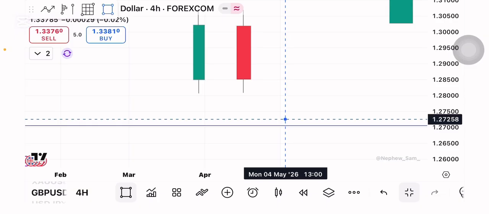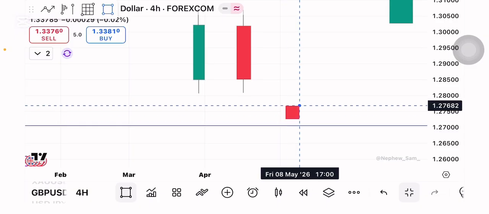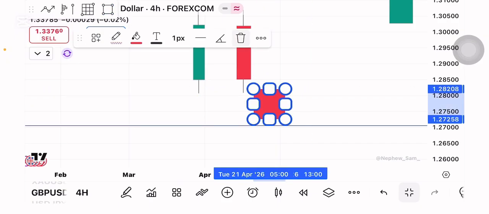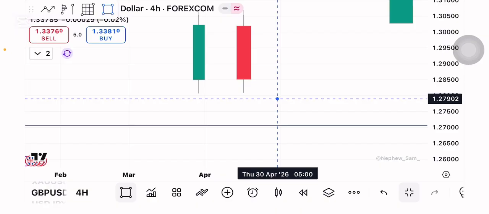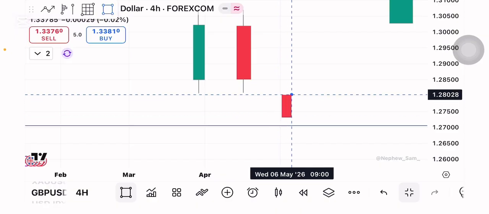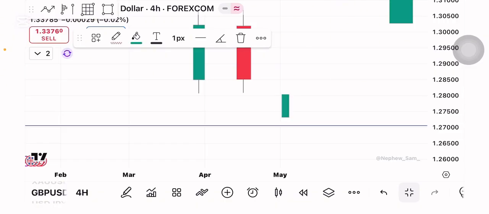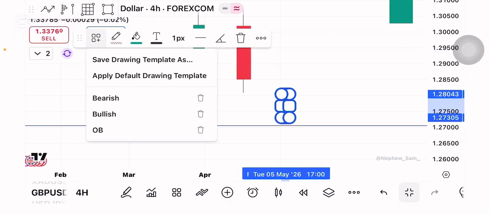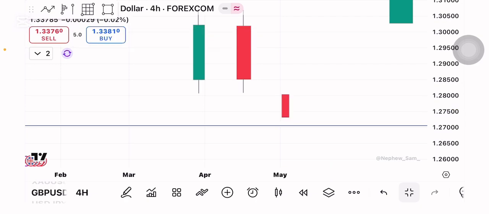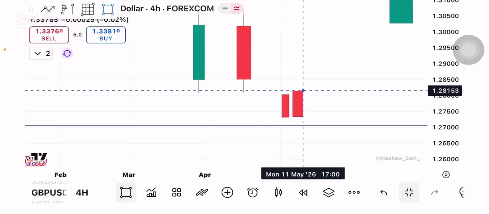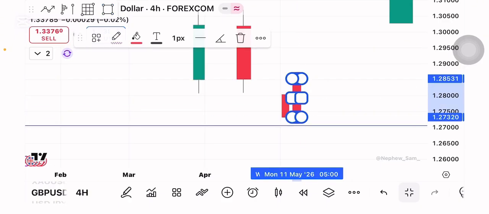So first of all, I'll start with the engulfing candle. Let's say we have something like this. This one will be for a bullish engulfing. The normal definition of this is a bullish engulfing candle. These are candlestick patterns.